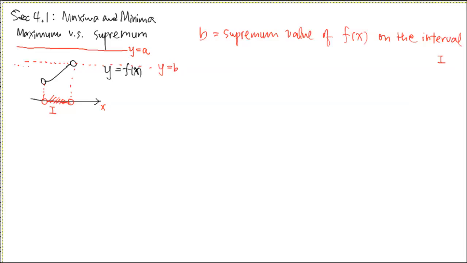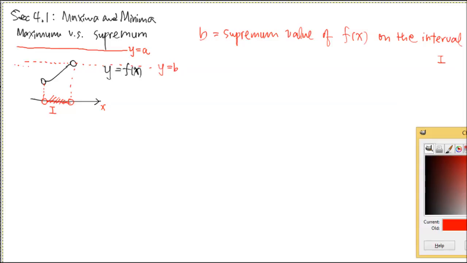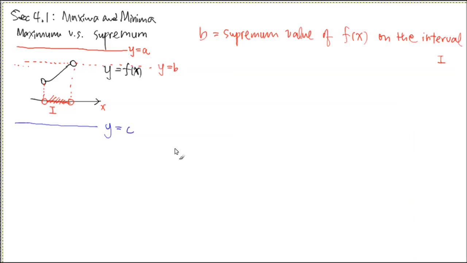And can you imagine there's a highest line, y equals, let's say, c, such that below that line there's no portion of the graph? Right now this is y equals c, and you can see that below that there's no portion of the graph appearing, right?